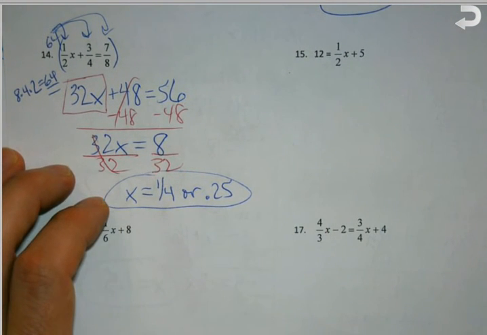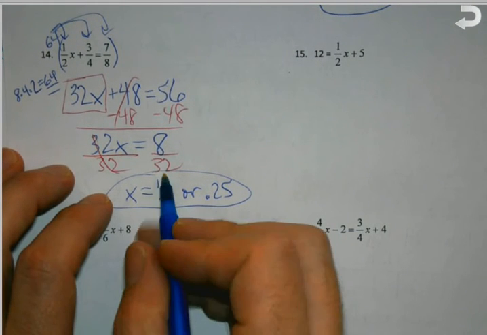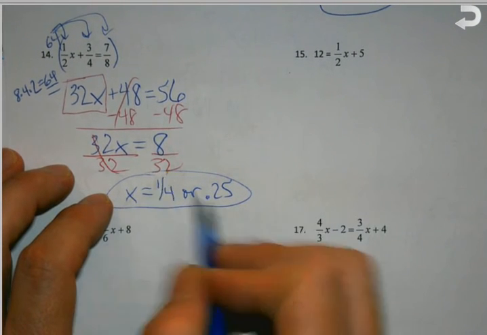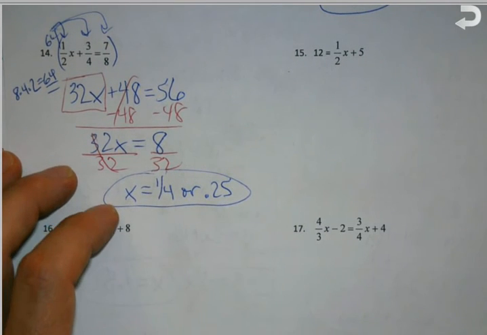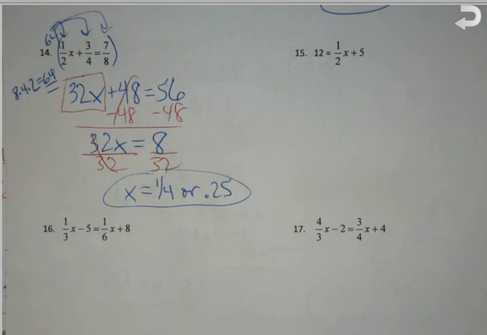A lot of you will look at 8 over 32 and write down 4 because you think it's 32 divided by 8. The bigger number is down below, so you're going to get a decimal or a fraction for an answer when the bigger number is in the denominator. Just something to watch out for.